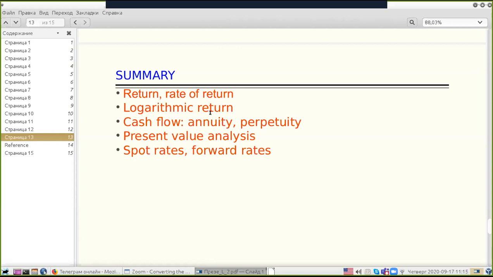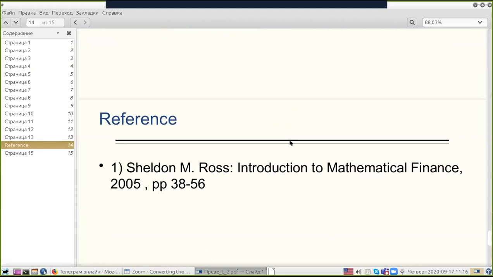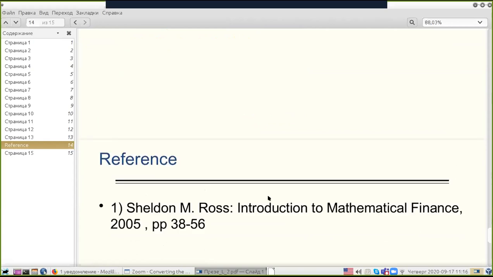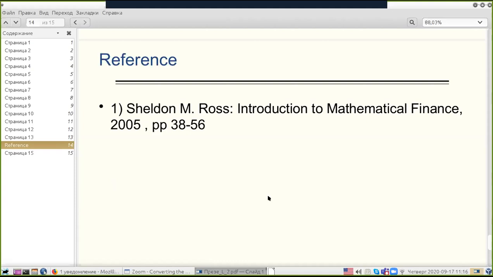The description of all these terms you can find in a handbook. I recommend Introduction to Mathematical Finance, or the book of John Hull.